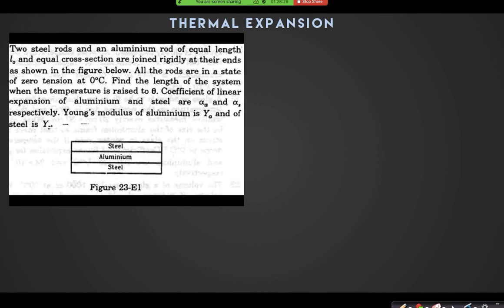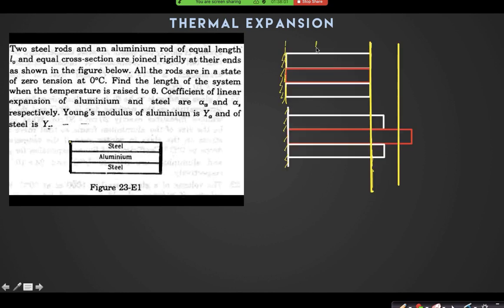Suppose this is the length L0, and in equilibrium its length has increased by X. I have to calculate X.